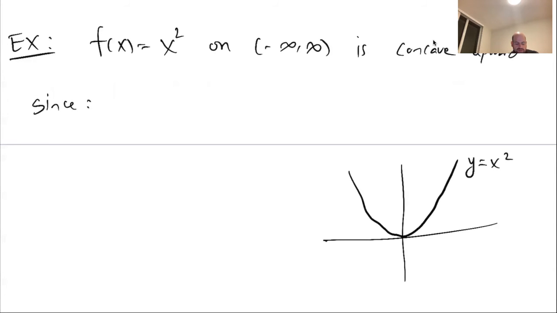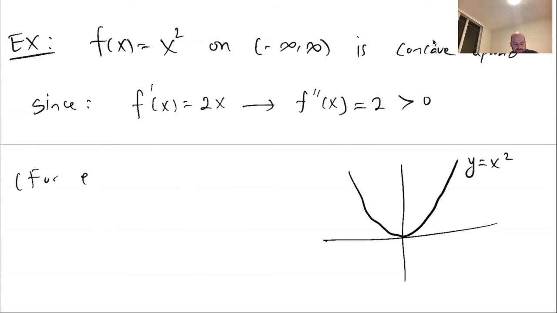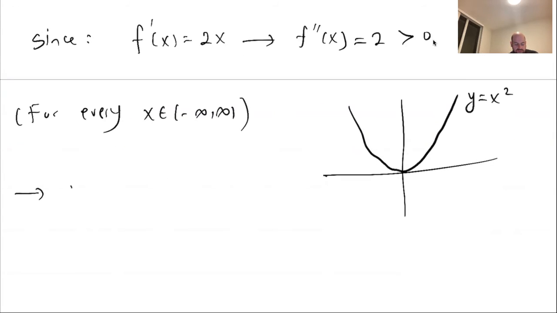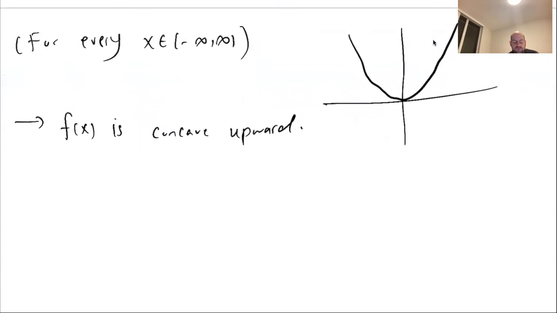Since f prime of x is 2x, f double prime of x, the derivative of the first derivative, is 2, which is positive for every x in minus infinity to infinity, and that means f of x is concave upward on this whole interval minus infinity to infinity.